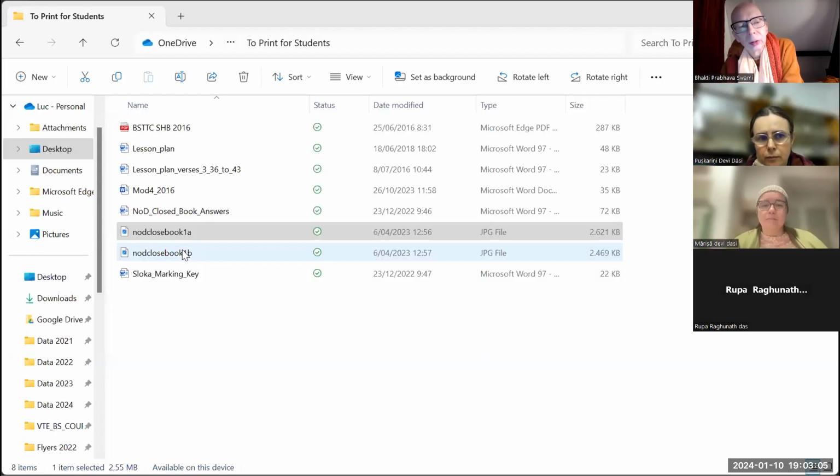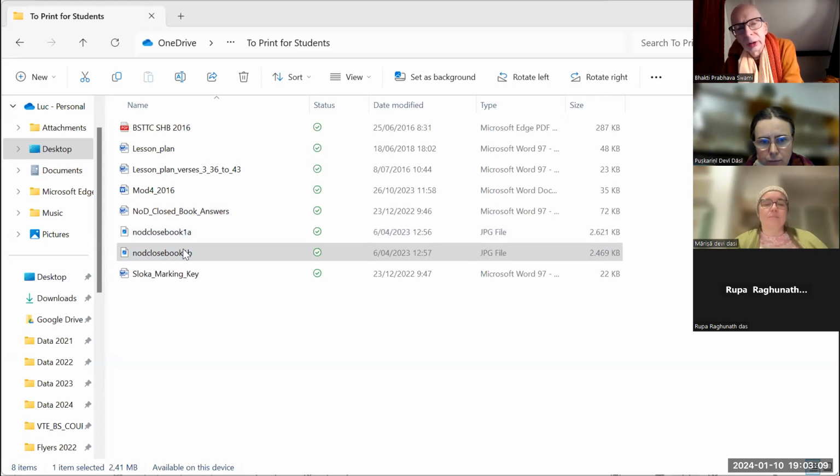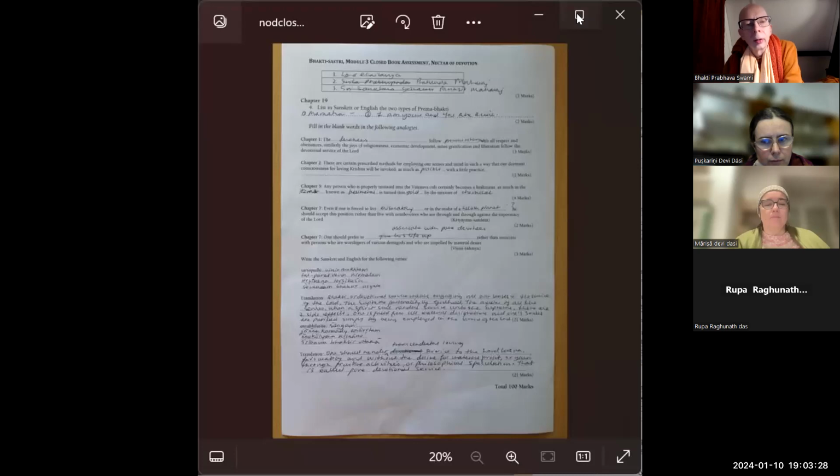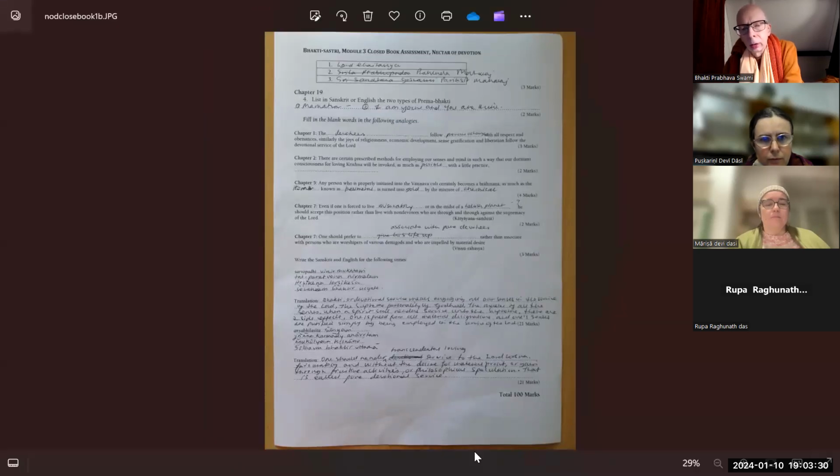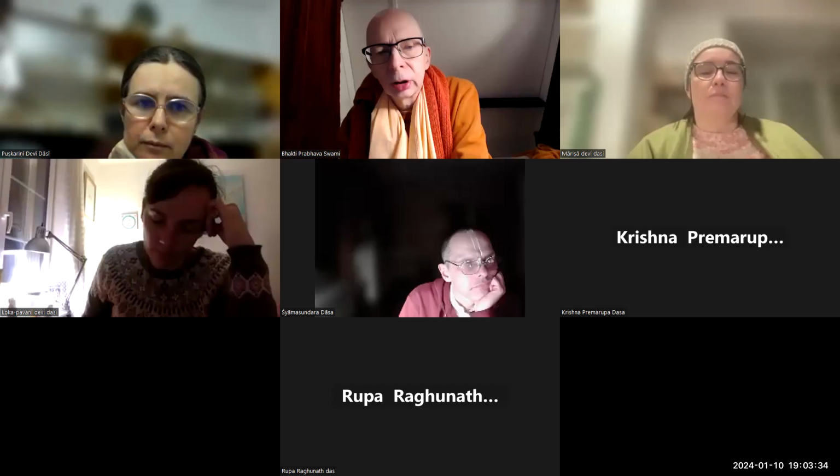NOD closed book 1B, that's the second. The second one is here. That was the first, and then the second one is B here. Stop share.